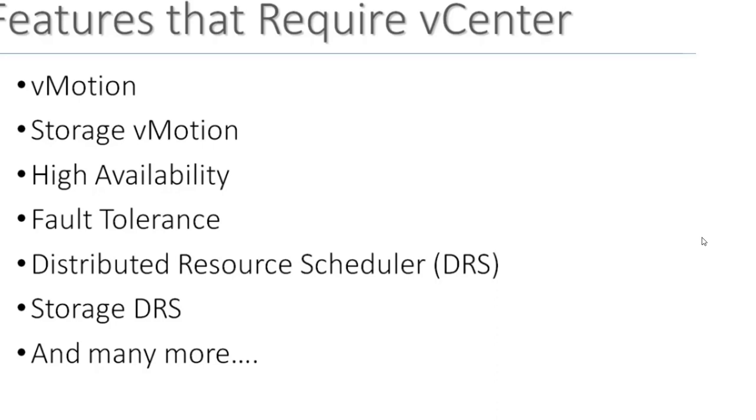If you want to know these terms in detail, you should watch my previous video in which I explain all these terms. But after installing vCenter server, we get these features enabled in our environment. So we have to have installed vCenter server to utilize all the features of VMware.